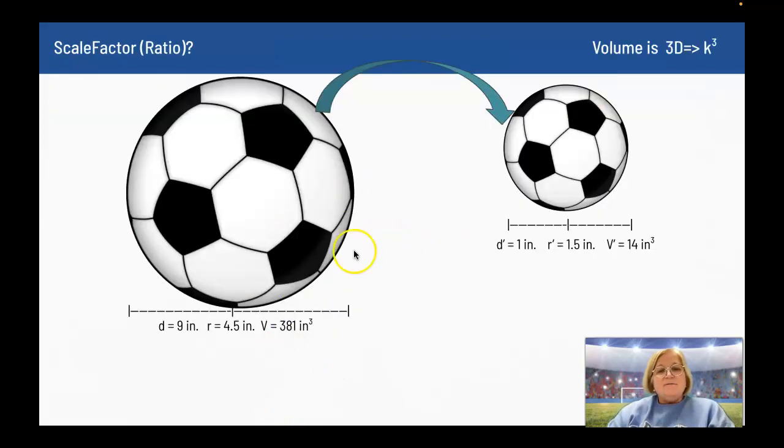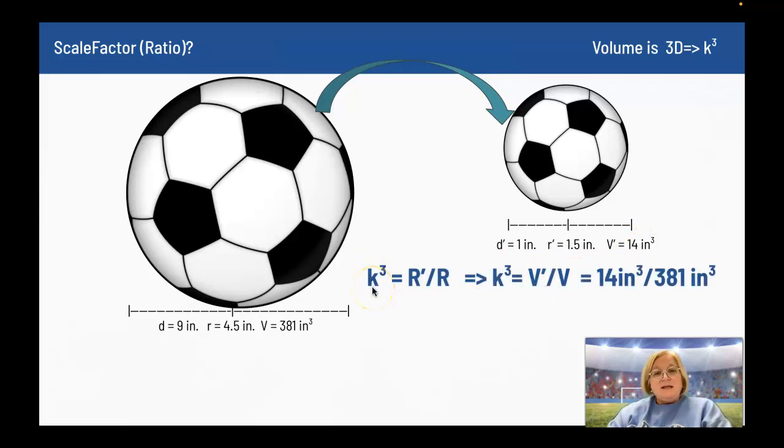When I'm talking about volume, I have 381 inches cubed is the volume of my original soccer ball. I'm shrinking the soccer ball. When I'm shrinking it, I'm going to be multiplying by a fraction or decimal, a number between 0 and 1. So I'm coming up with a volume of 14 inches cubed.